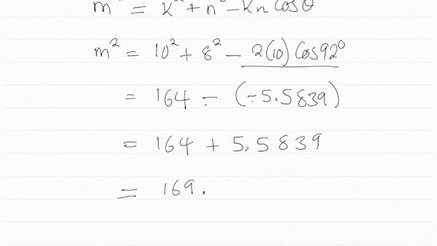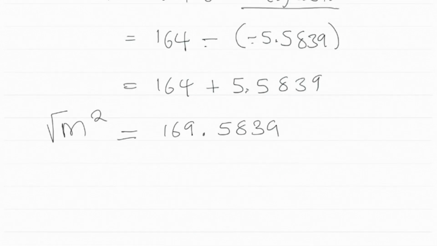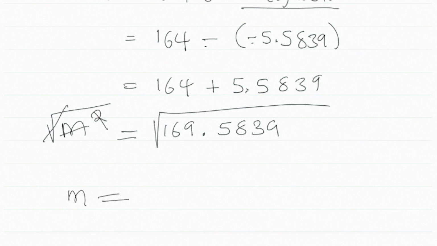This means that m squared is this, but we need to find m by taking the square root of both sides. Then the square and the square root eliminate each other. So our m is going to be 13.02243908.